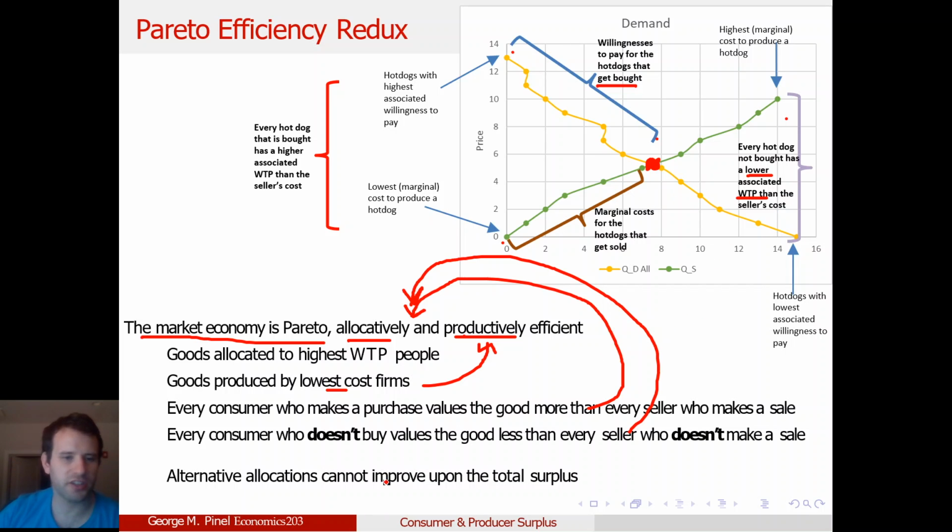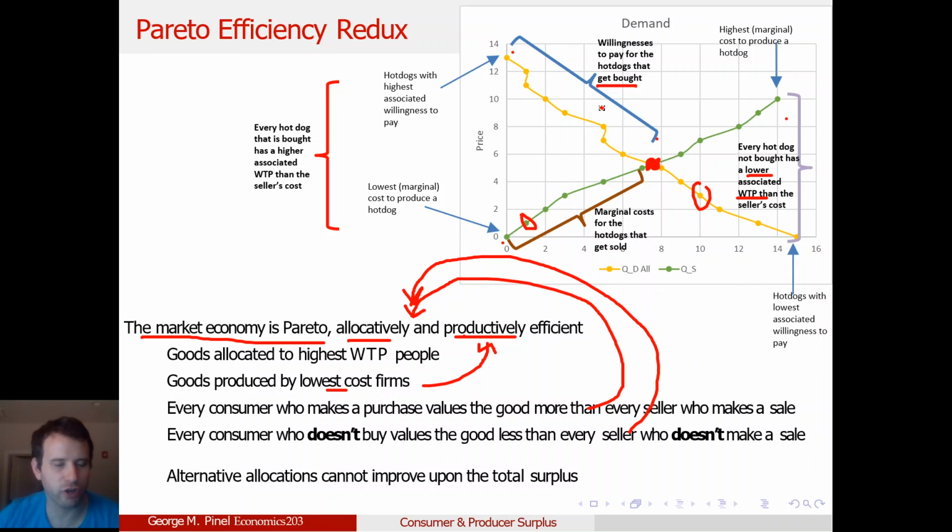And I talked about this last week, but if you were to change around the situation, if you were to give one of these guys a hot dog, and you were to take it from someone with a low cost hot dog provider, what ends up happening? Okay, basically you're bumping someone over here out of the market.